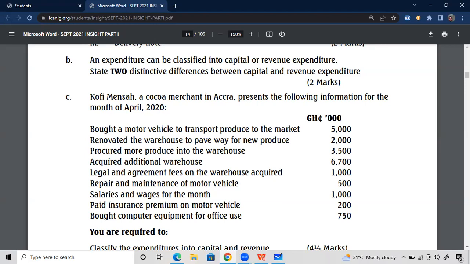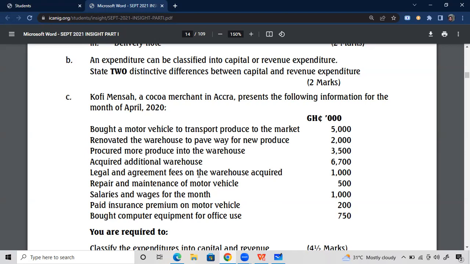If the amount is significant, we can capitalize it. When we say capitalize, we are adding it to the cost of the asset.